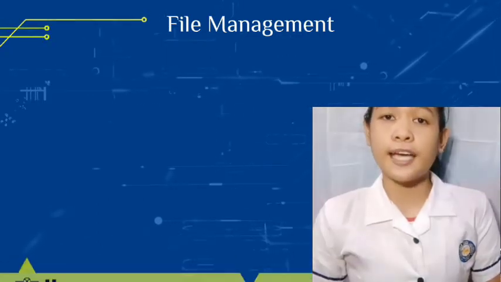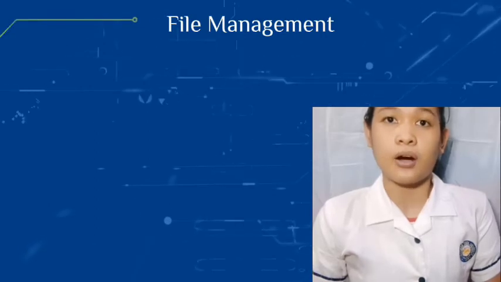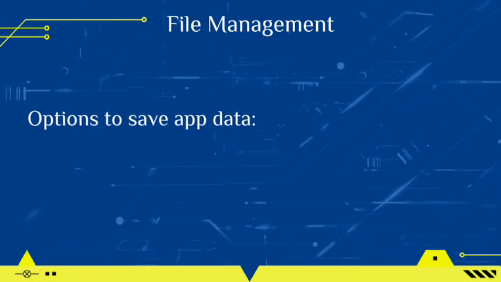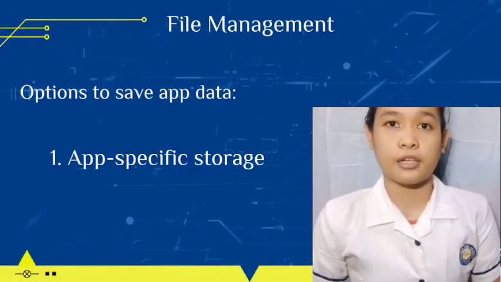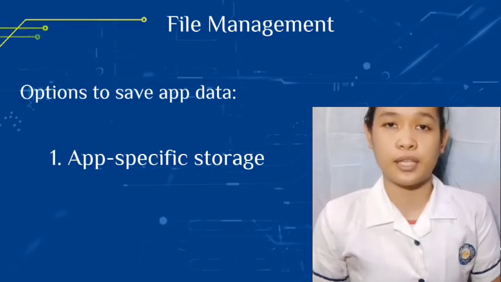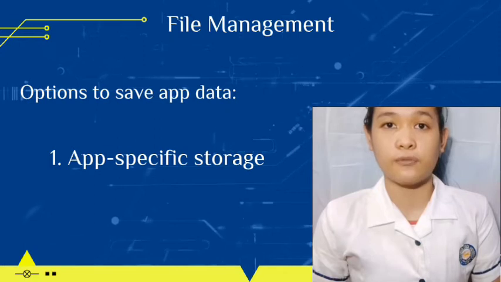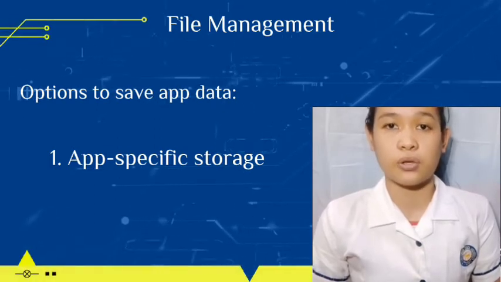Android uses a file system that is similar to disk-based file systems on other platforms. Options to save app data: App-specific storage. Store files that are meant for your app's use only, either in dedicated directories within internal storage volume or different dedicated directories within external storage.